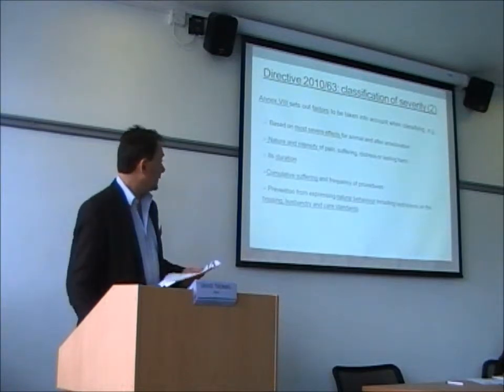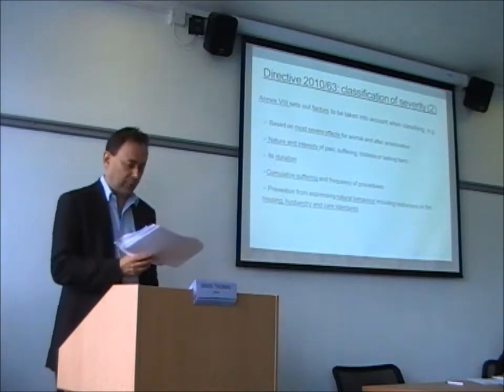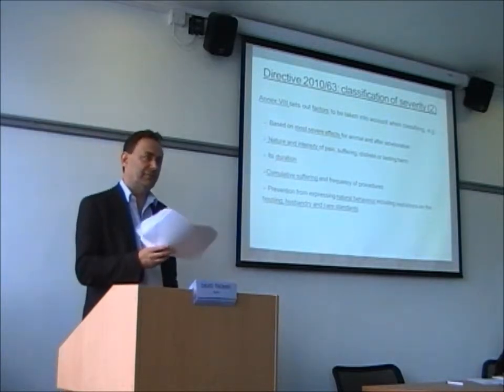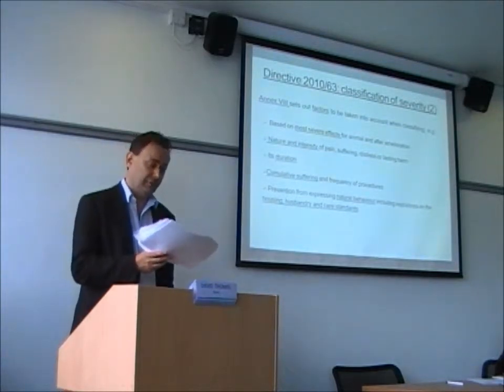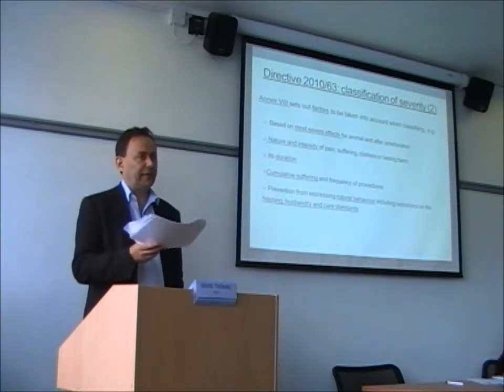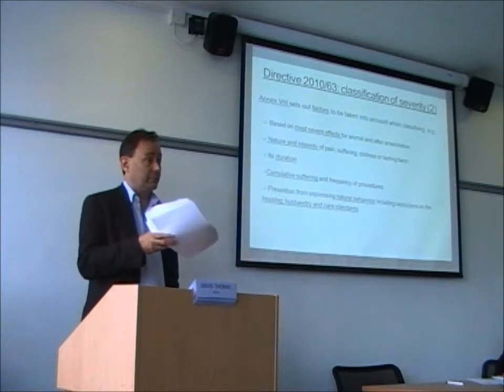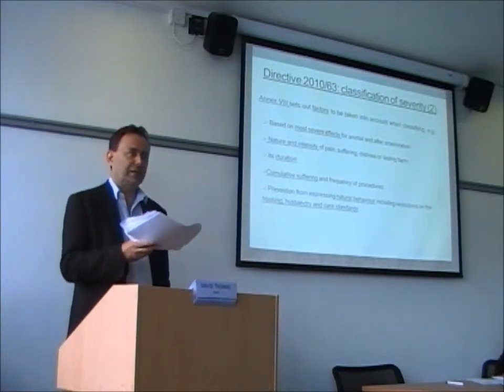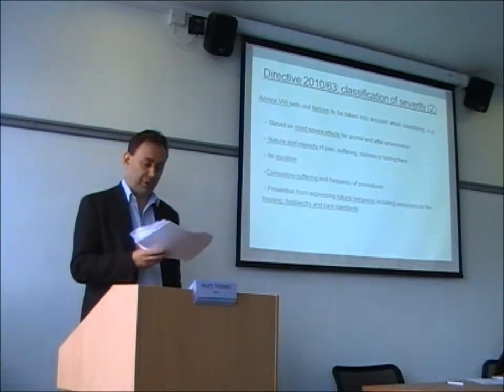Annex 8 then sets out the factors to be taken into account when classifying. For example, you choose the severity classification based on the most severe effects for an animal, after taking into account various measures under the 3 R's procedure that I mentioned a moment ago, after various things are done to keep suffering to a minimum.